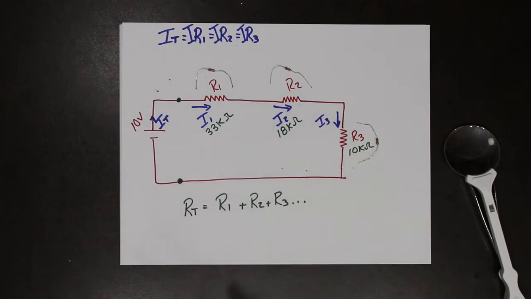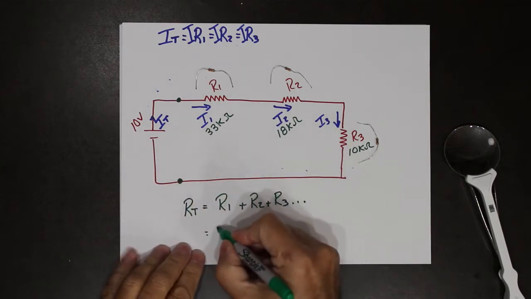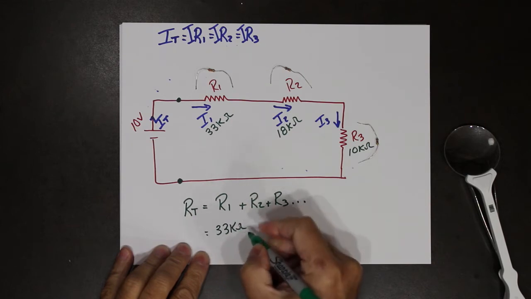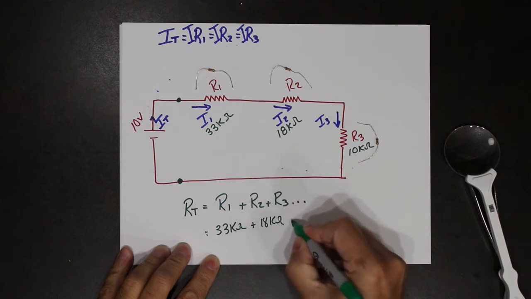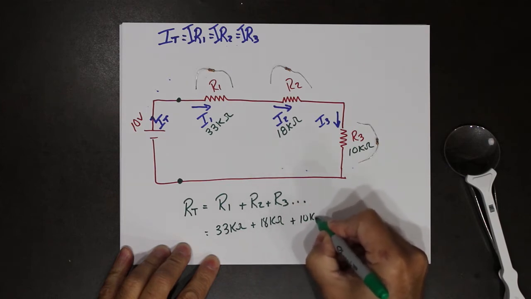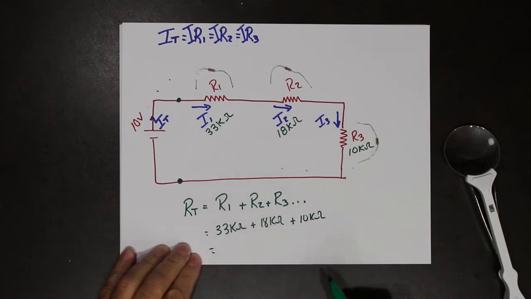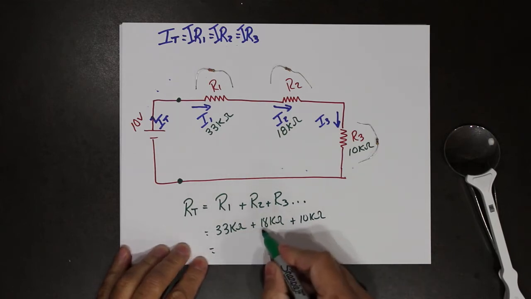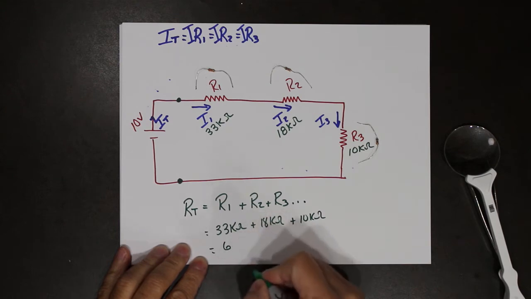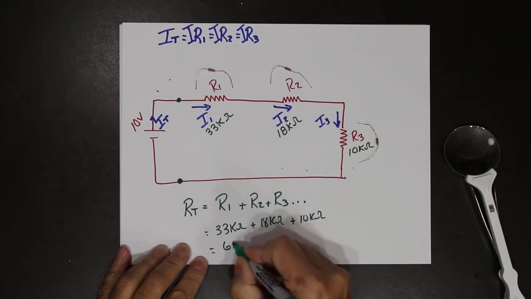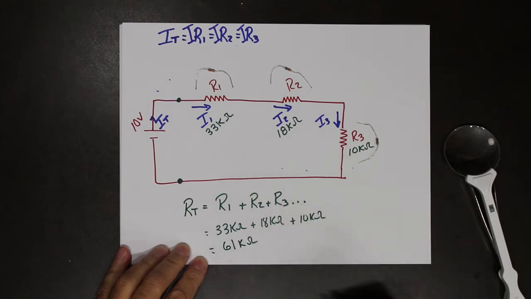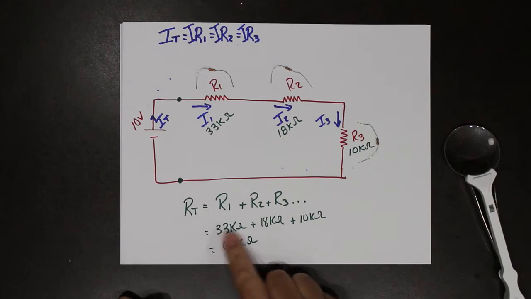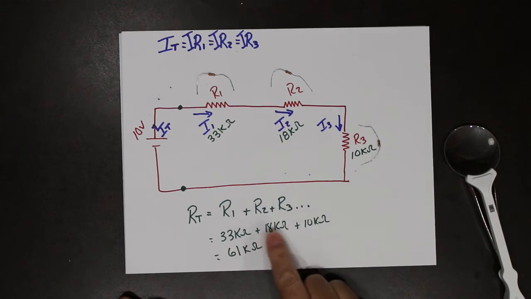So in this example, I have 33 kiloohms plus 18 kiloohms plus 10 kiloohms, which gives me a total resistance of 33, 43, 53, and 61.